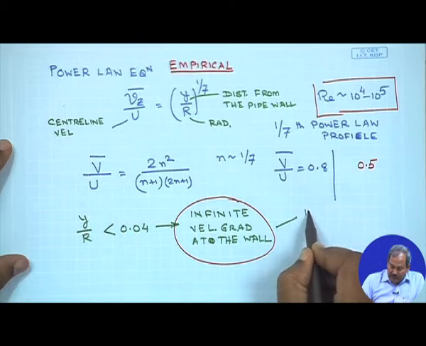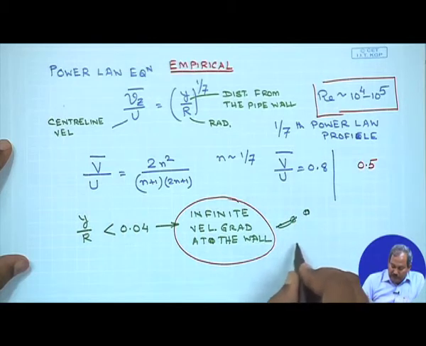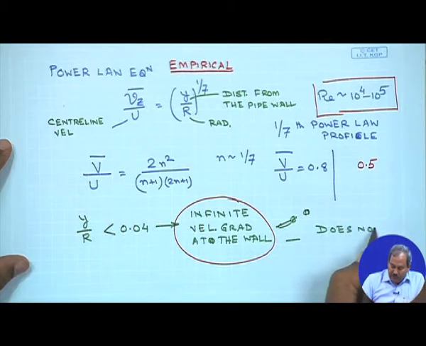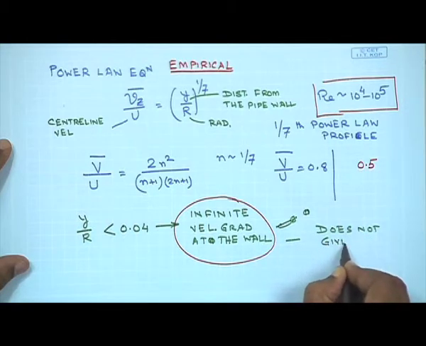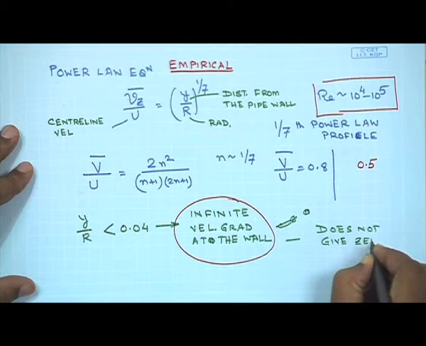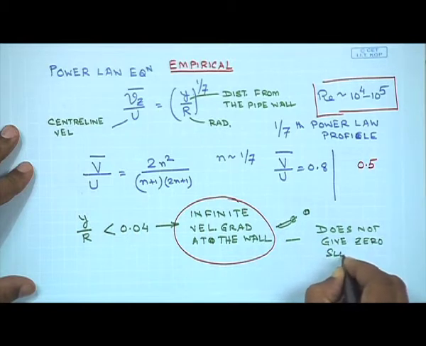So, infinite gradient at the wall and does not give zero slope at the center line.